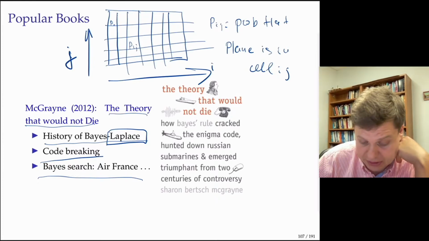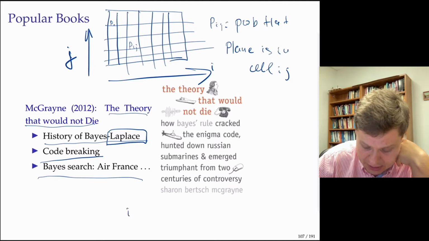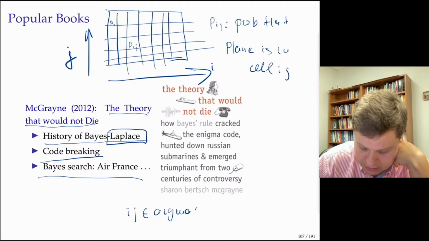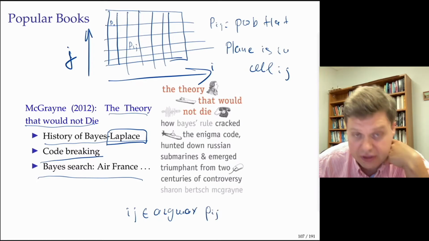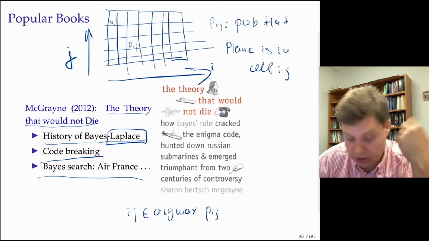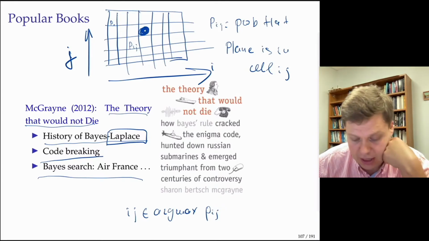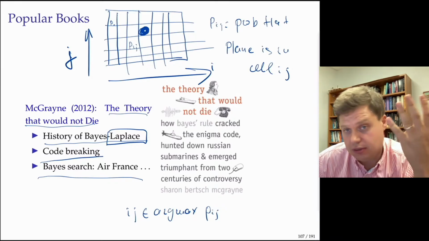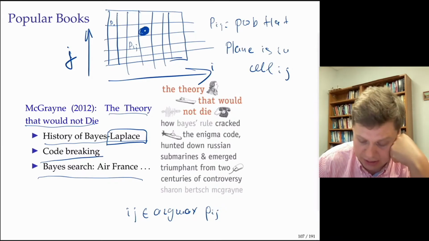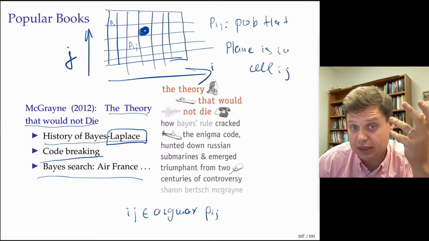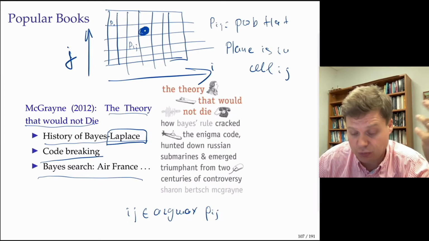And what happens is, you pick the cell ij with the highest probability and you go and search in this location. So let's say it's this location here. Then you spend some time searching, and the result of the search is either that the plane was found, in which case you stop, or the plane was not found.